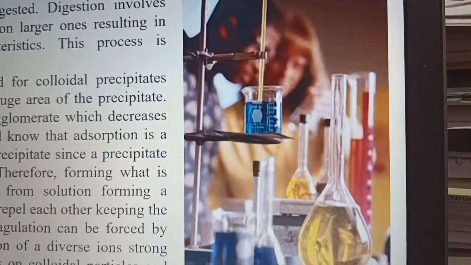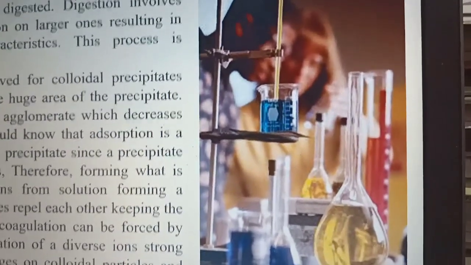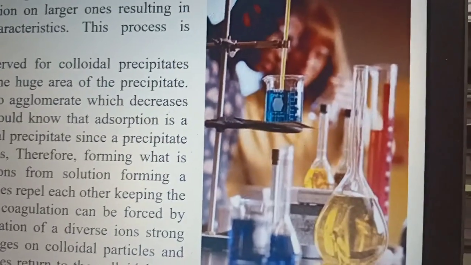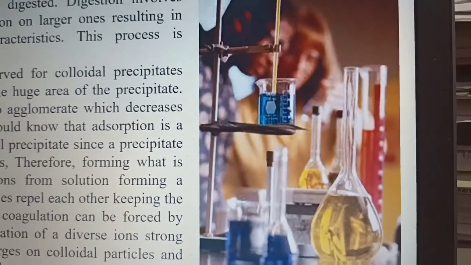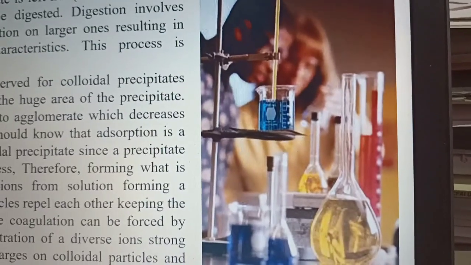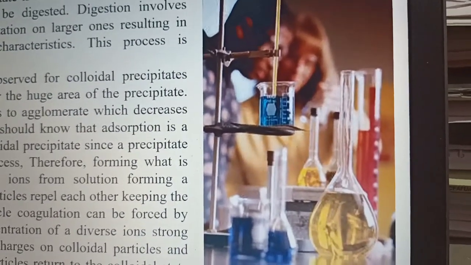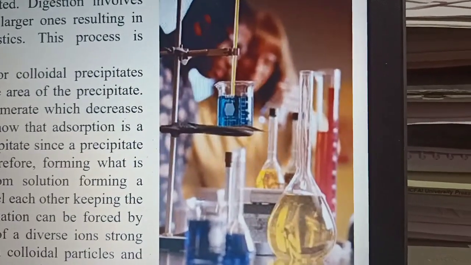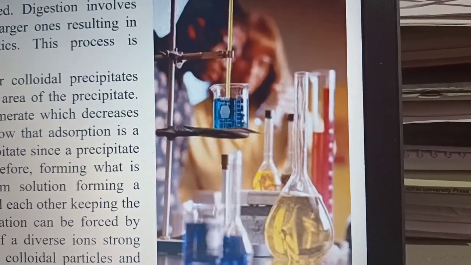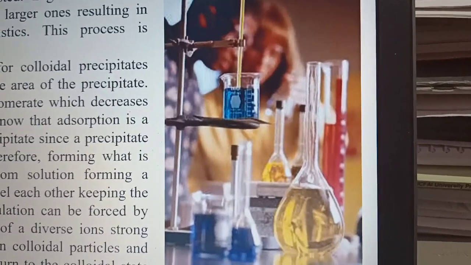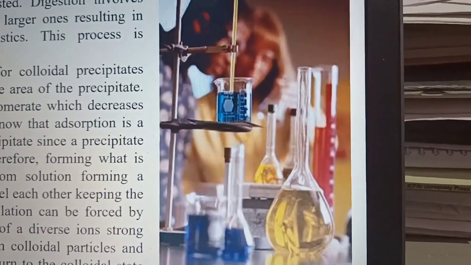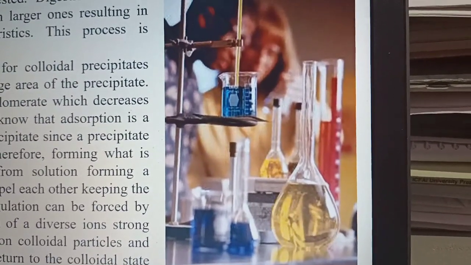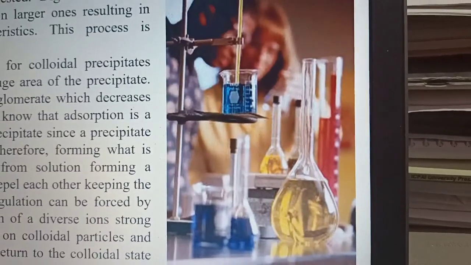Otherwise, if you just add the solute and solvent, you won't get any precipitate at a normal condition. But to get the precipitate, one has to wait and heat the solution for several minutes. So when you heat it, slowly the solute which is dissolved in a solution gets converted into particles of colloidal size first, then colloidal size particles are converted into crystalline particles, and these crystals settle at the bottom of the container.